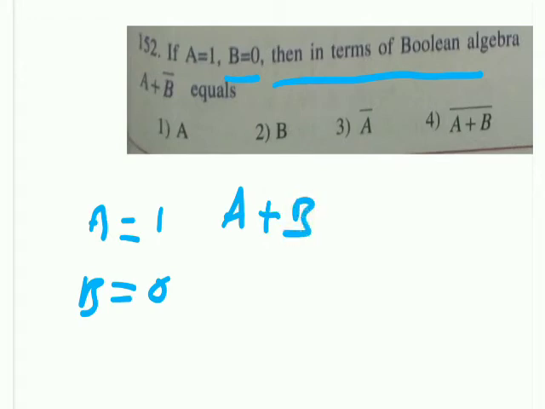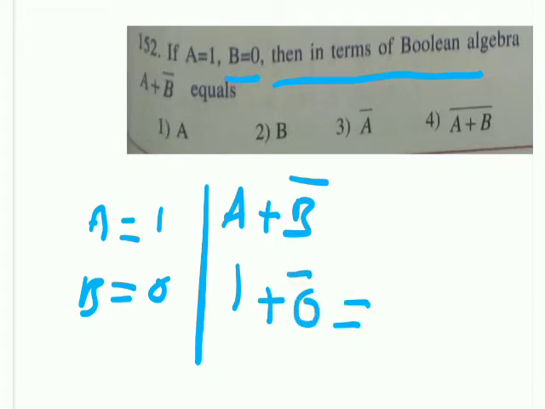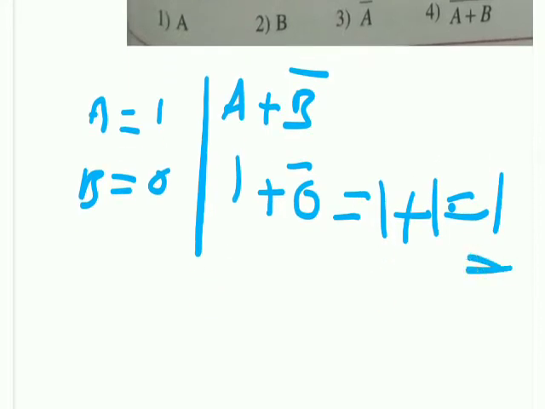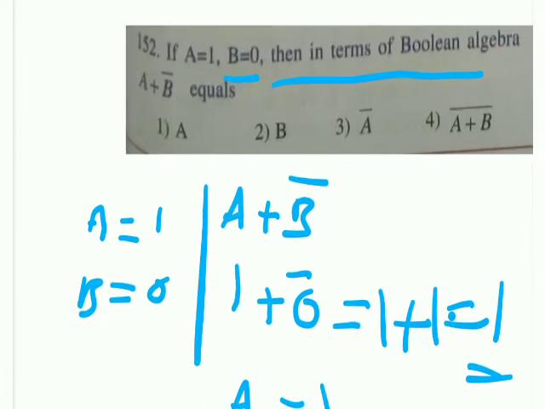Here given A is equal to 1, B is equal to 0, so A or B complement is 1 plus, nothing but OR, 0 complement is equal to 1, so 1 or 1 is equal to 1, nothing but A is equal to 1, so the answer is the first one.